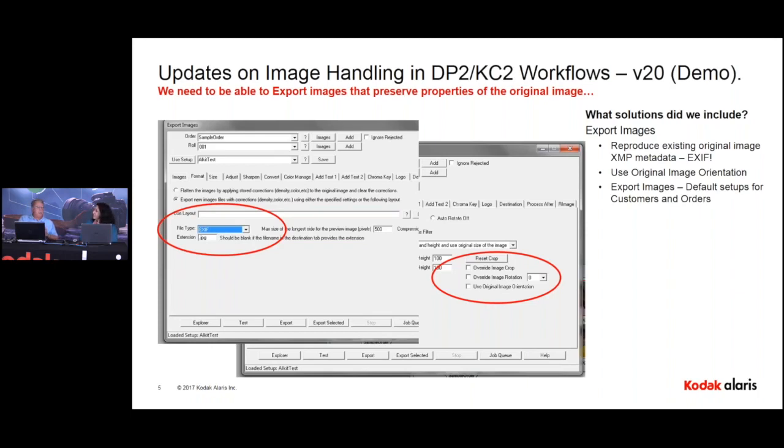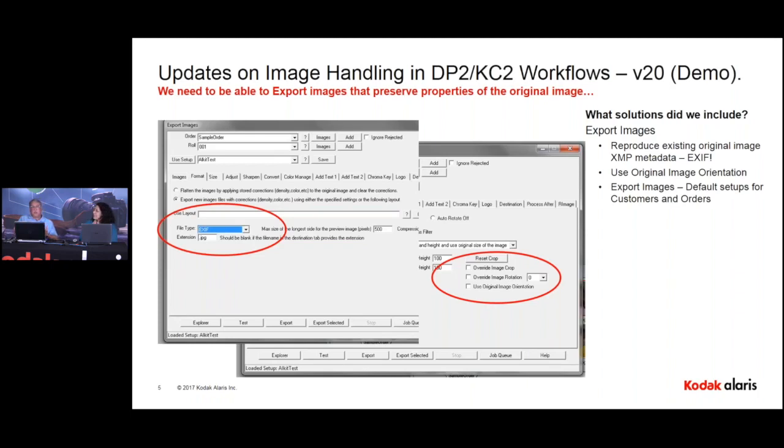So what we've done is to enable you to reproduce all of that original metadata that the photographer might have entered into the image file during his editing process and save it in your exported image file. The catch is, though, that the images must be exported in the EXIF format. So in your Export Images dialog, choose EXIF as the format for the image.